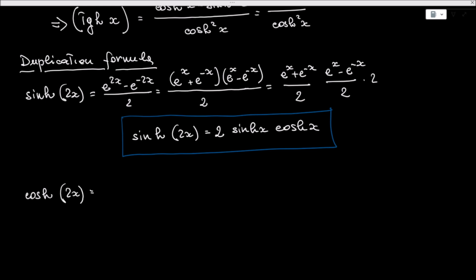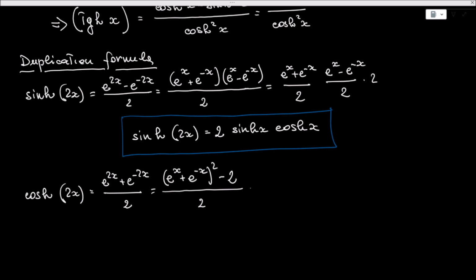Well, in this case, we have e to the 2x plus e to the minus 2x divided by 2, right? And we can say that this is e to the x plus e to the minus x all squared, but then we need to, of course, subtract 2, right?